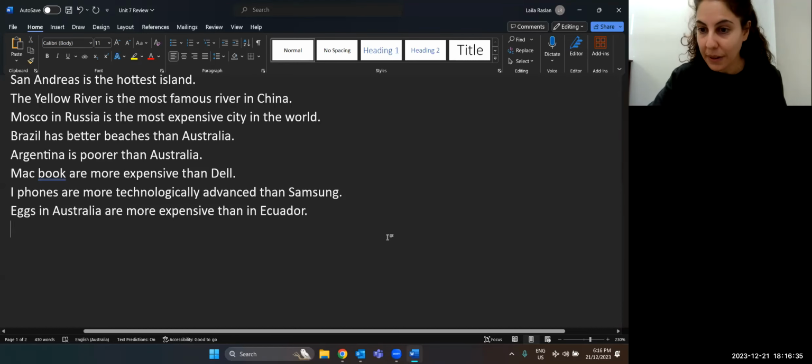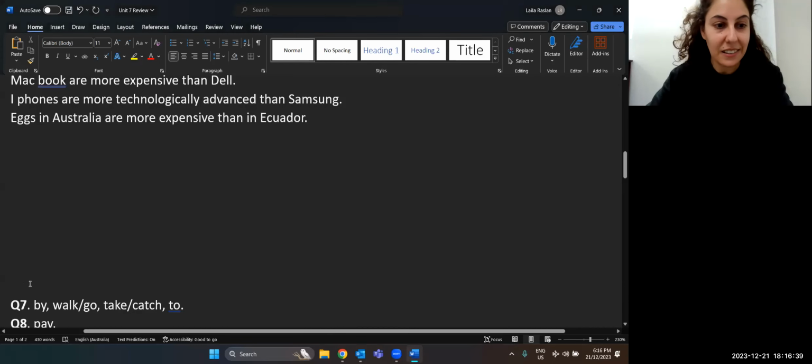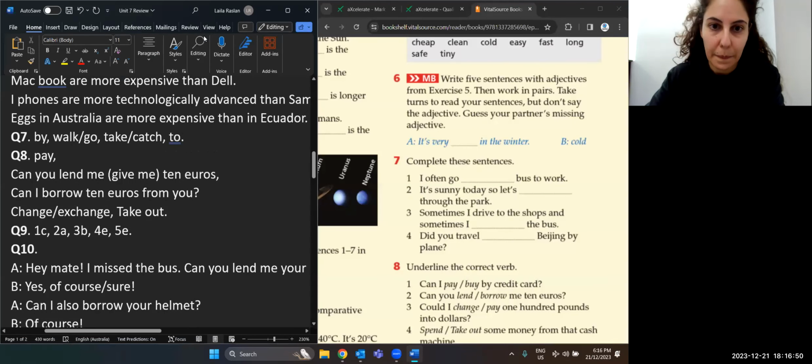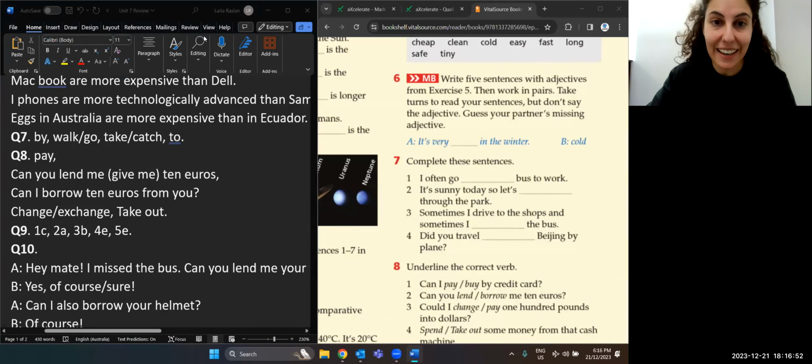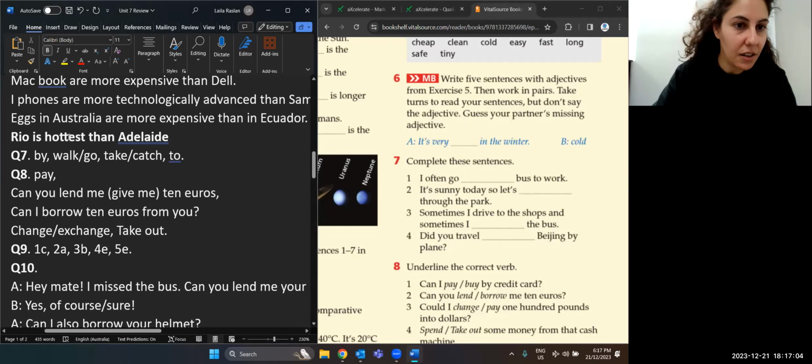We don't have time to do more, so let's move on. Rio is hotter than Adelaide. Perfect. Yes, Rio is a city, is hotter than Adelaide. No, you're comparing two places.